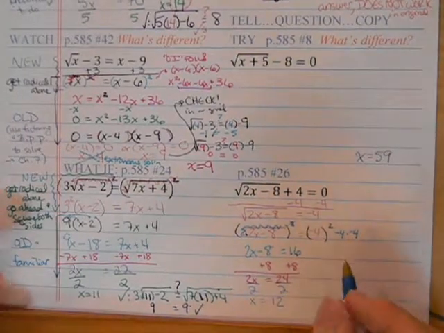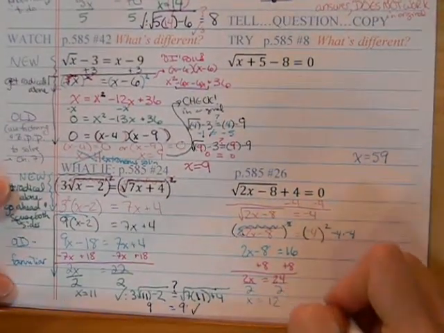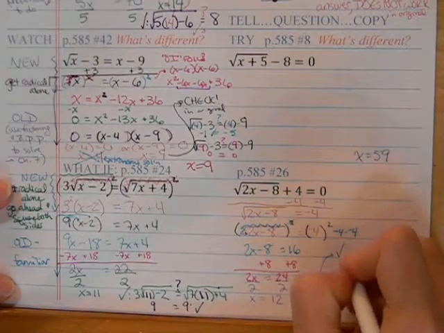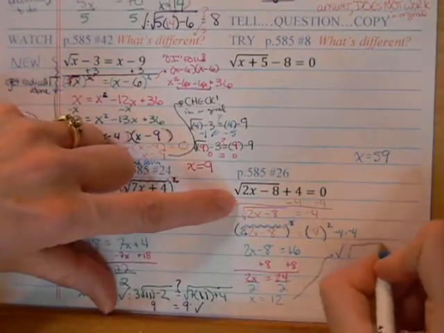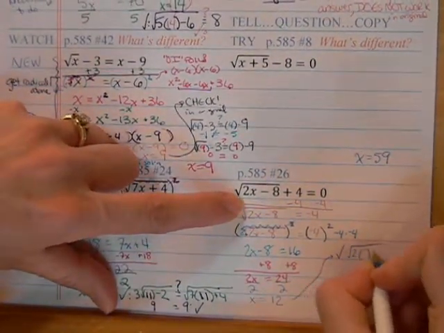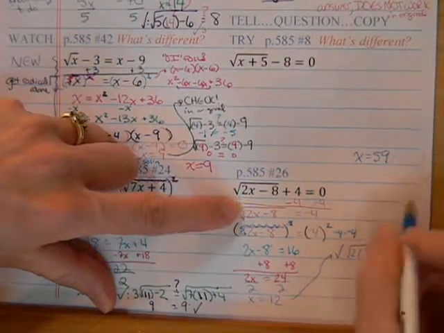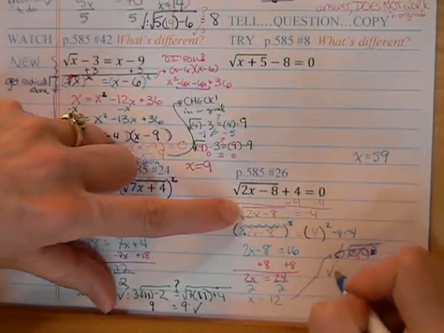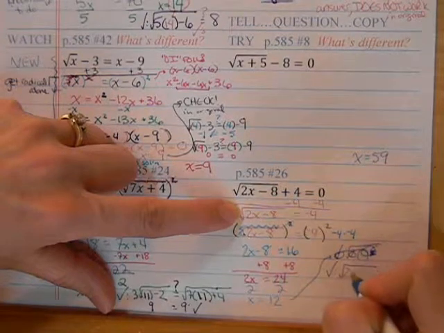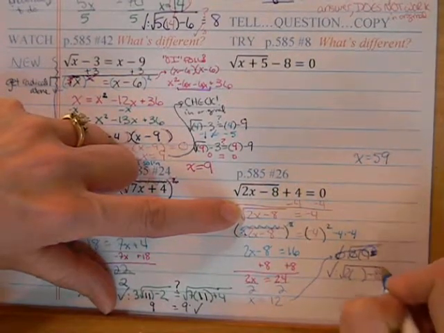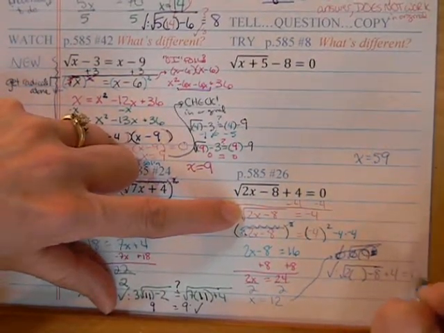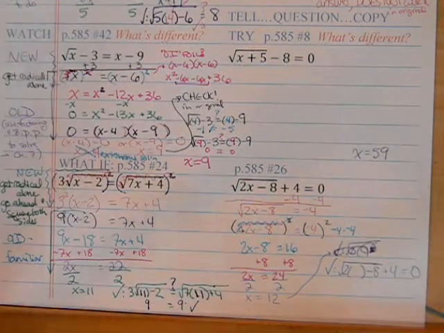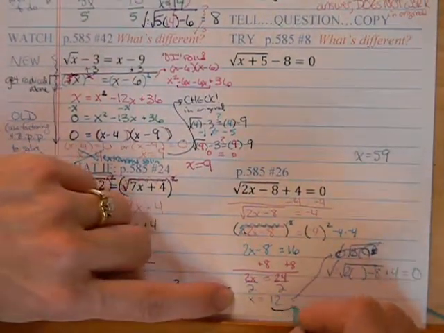We want to check that back in the original. And I'm going to move that over here to check it. Our original was radical 2x, whoops, sorry. Oh, we'll try that again. My apologies. Radical 2x minus 8 plus 4, does that equal 0? And let's take our answer of 12 and try it.